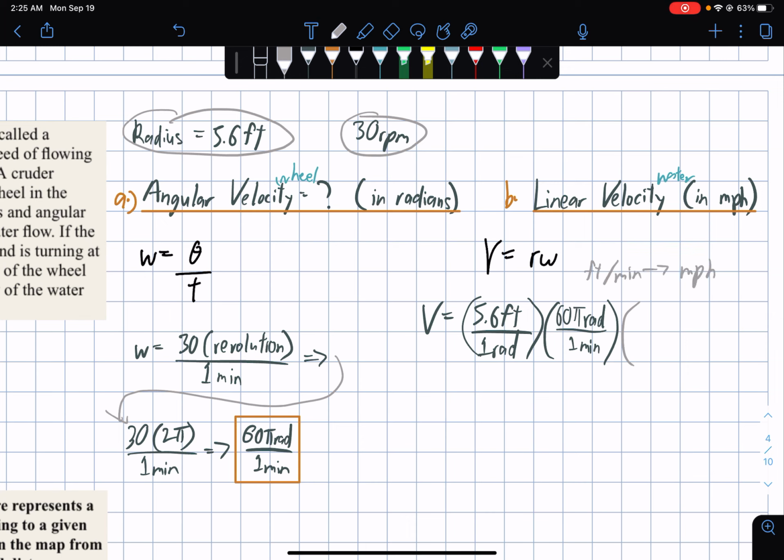Let's see. Calculator says that it's 5,000. So square root on both sides. We get 50 times the square root of 2, or 70.71 miles.